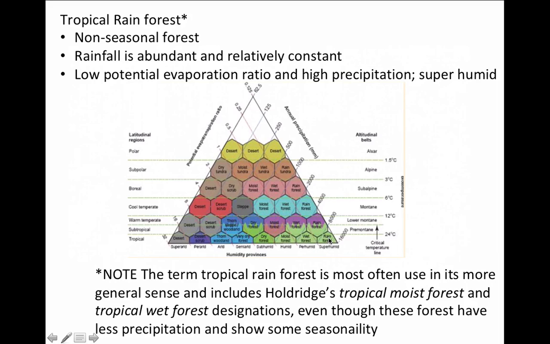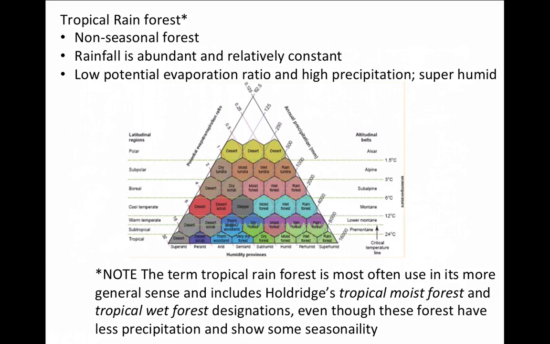So very, very specific. But when people generally use the term tropical rainforest, they're including also the wet forests and the moist forests as well. And so I'm going to do that as well. Really, it's all of these that we'll be referring to as tropical rainforests.